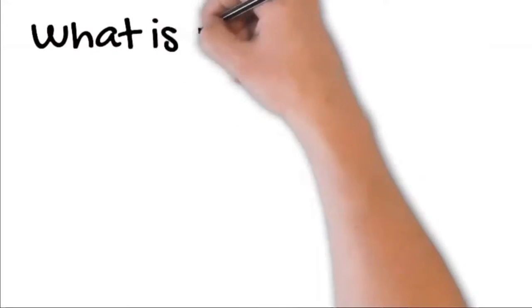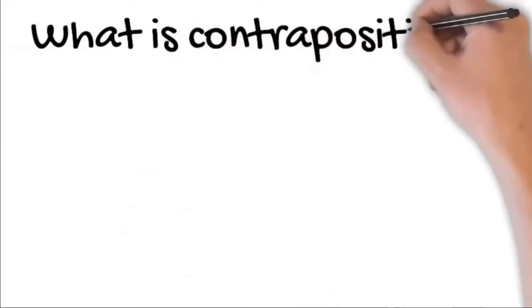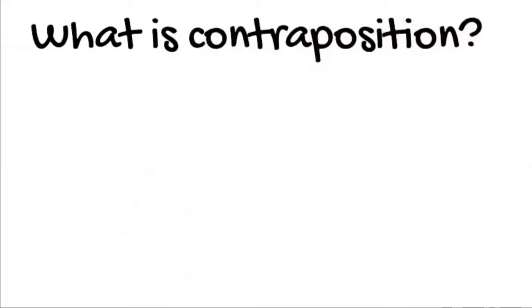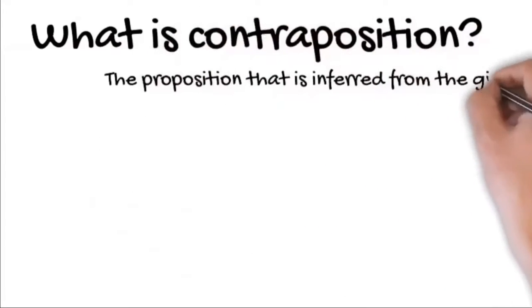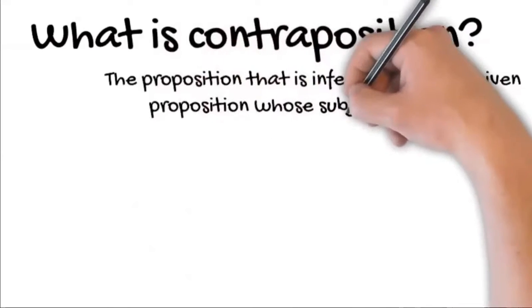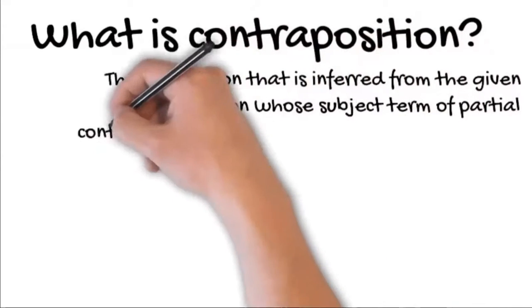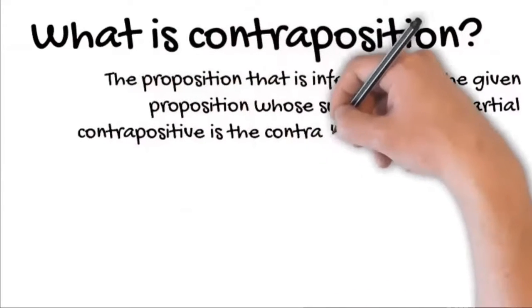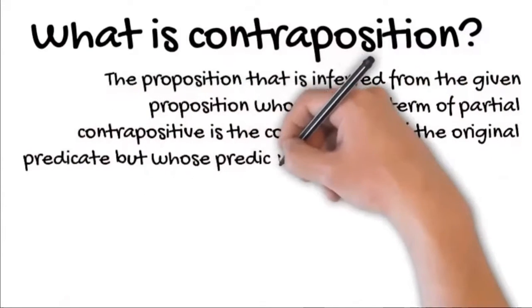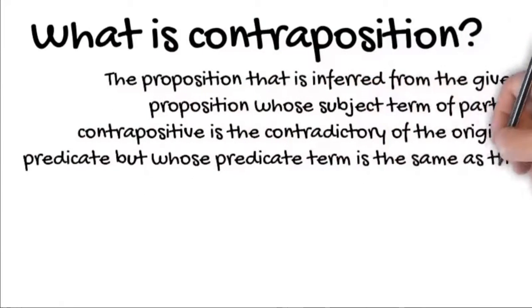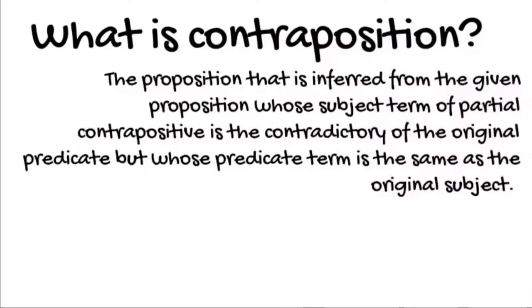To begin with our discussion, let us define contraposition. Contraposition is the proposition that is inferred from the given proposition whose subject term of the partial contrapositive is the contradictory of the original predicate, but whose predicate term is the same as the original subject.